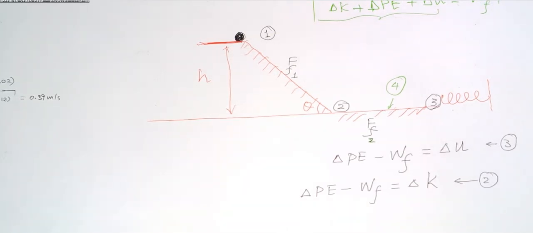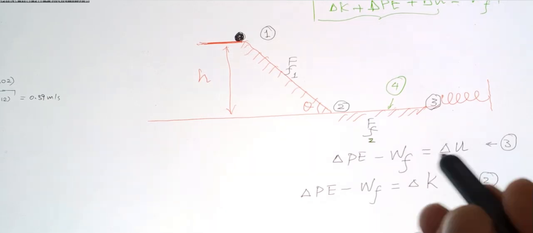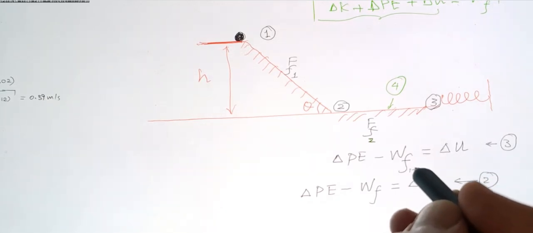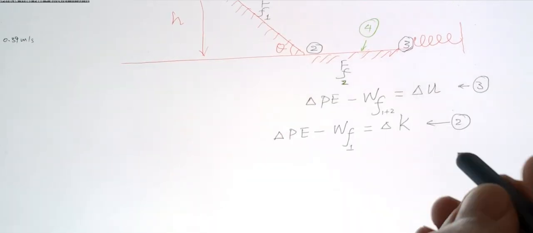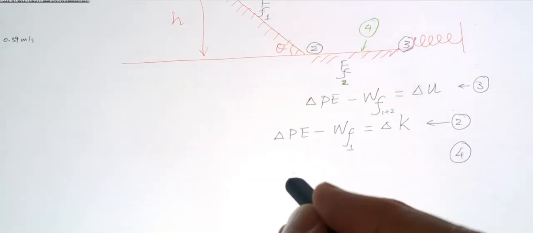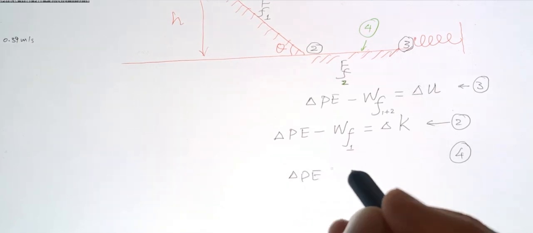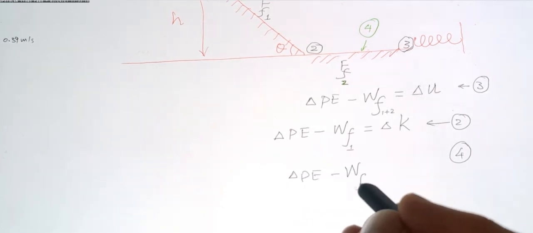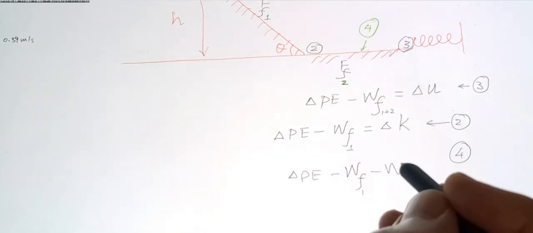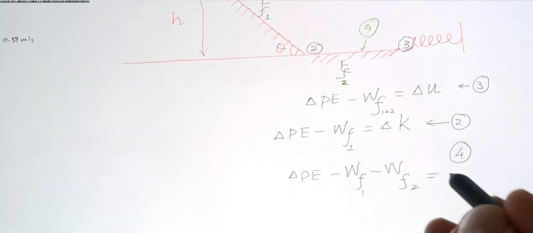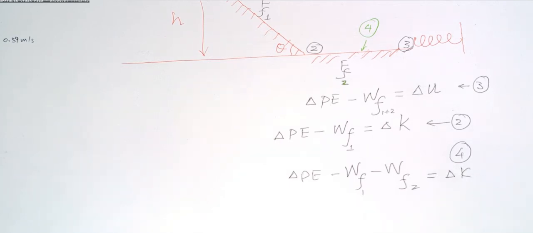Yeah, I get it. So this is 1 and 2. At point 4, change in potential energy minus the work done by friction 1, and minus the work done by friction 2 is equal to delta K. Okay. Yeah, now I understand.